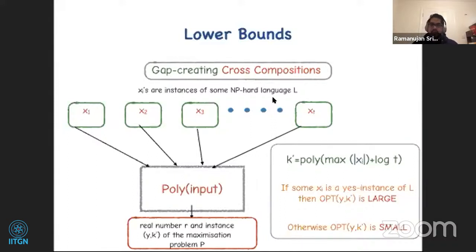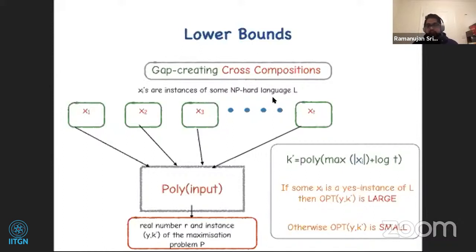So you have a bunch of instances of some NP-hard problem. And what you want is a polynomial time algorithm that now outputs some instance of the problem that you want to cross compose into, the problem for which you want a lower bound.